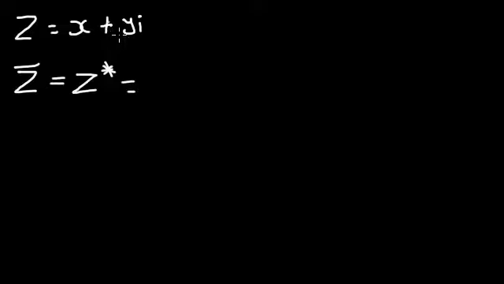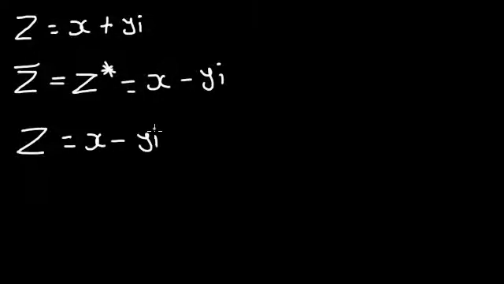So since this is positive, then the conjugate will be x minus yi. In other words, the conjugate is the same complex number but with a different sign between the real and the imaginary part. Are we together? So it simply means that if I have another complex number z, which is of the form x minus yi, then its conjugate z bar or z asterisk will be x plus yi.